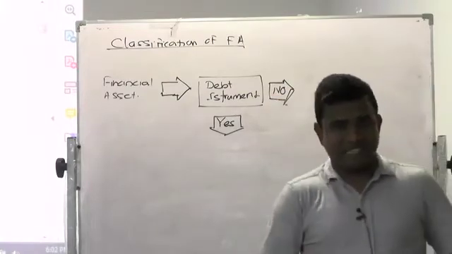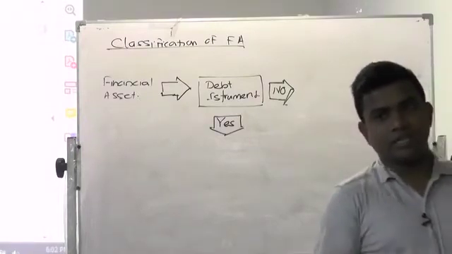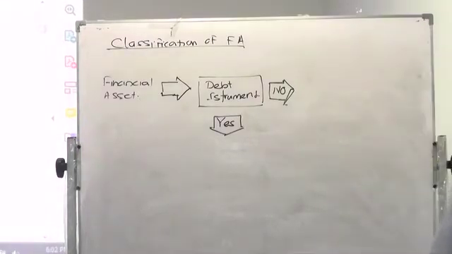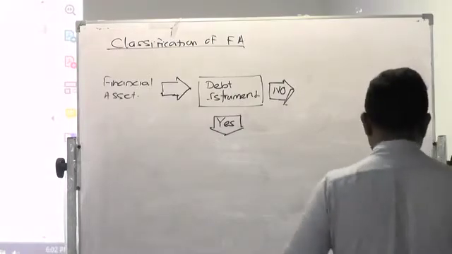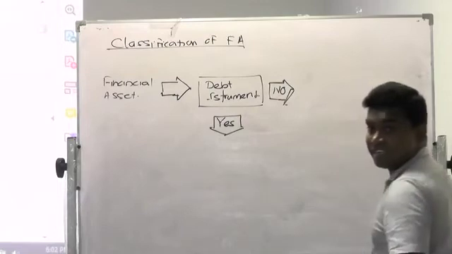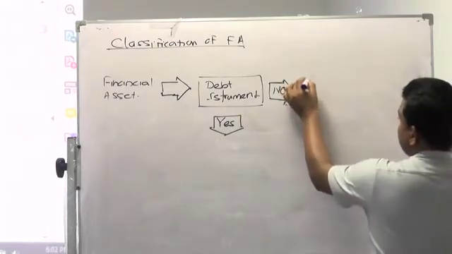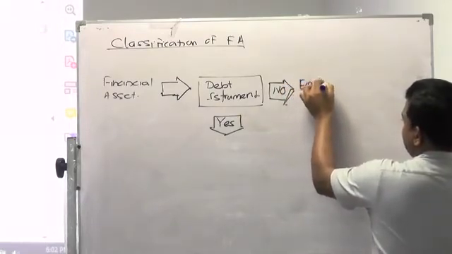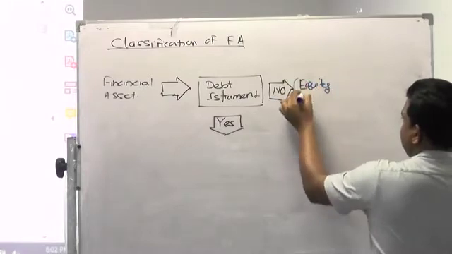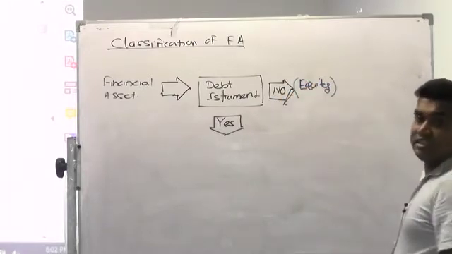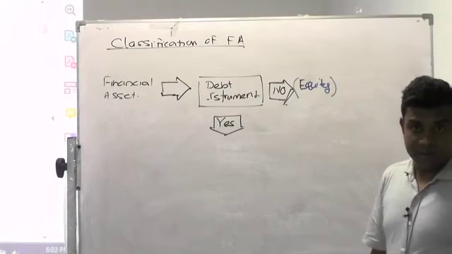When you have a financial asset, first you have to see where they have invested, whether it is a financial debt instrument or not. If it is not debt instrument, actually it is an equity instrument, right? If it is not debt, it is equity.